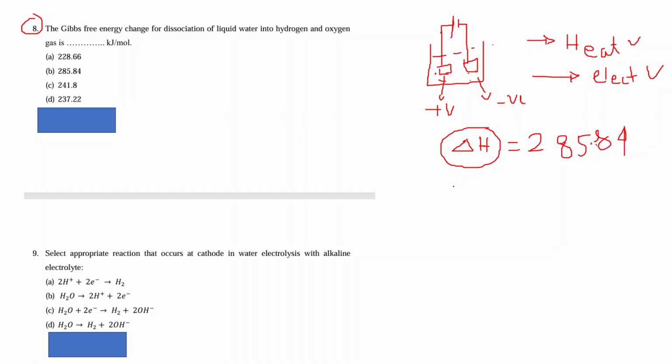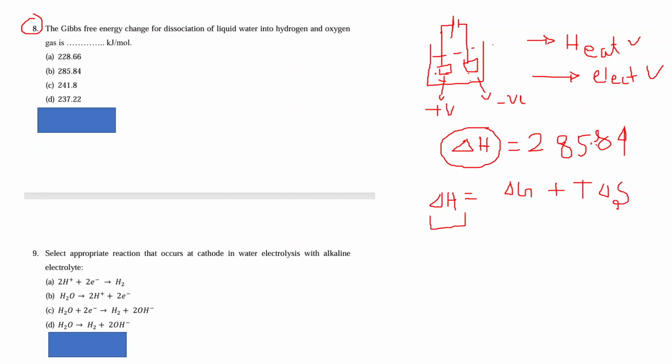So what is the formula actually? Delta H equals, directly I am writing, delta H equals delta G plus T delta S. What is the significance?